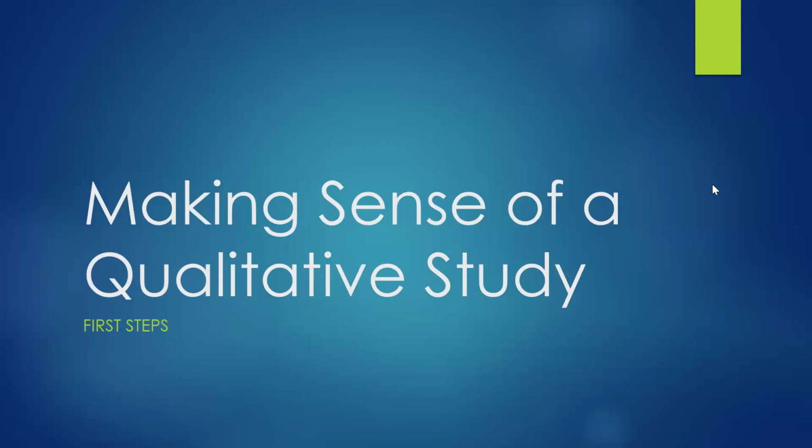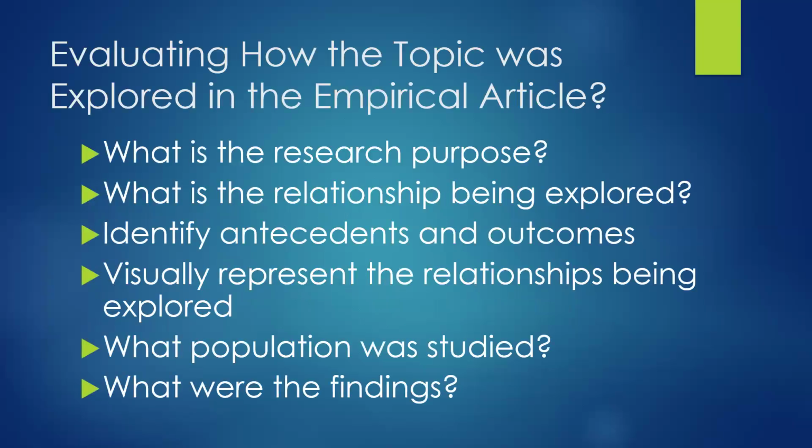Previously, we had talked about how to look at different aspects of an empirical article, and we had said that we do want to identify the research purpose, relationships, and so on. So let's open an empirical article and look into the different elements of a qualitative research study.